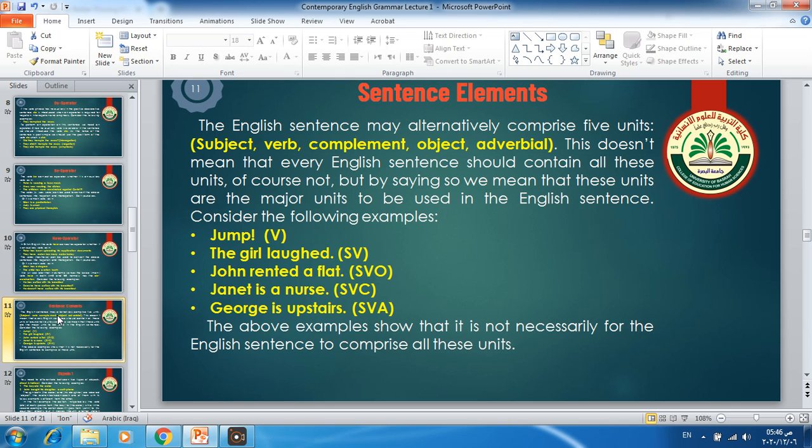John rented a flat. Subject, verb, and object. Janet is a nurse. Subject, verb, and a complement. George is upstairs. Subject, verb, and adverbial. So the above examples show that it is not necessary for the English sentence to comprise all these units.